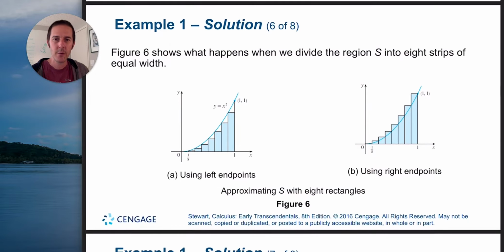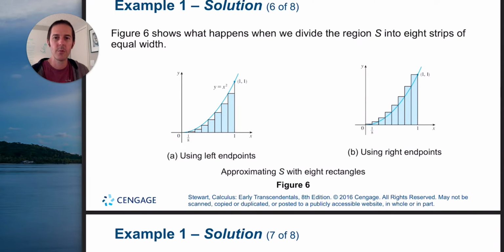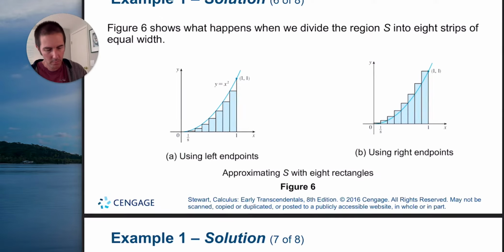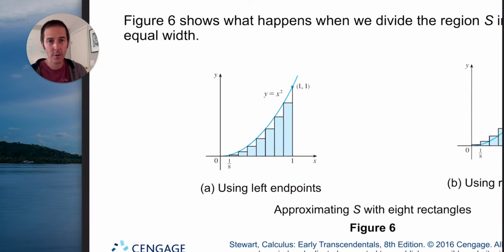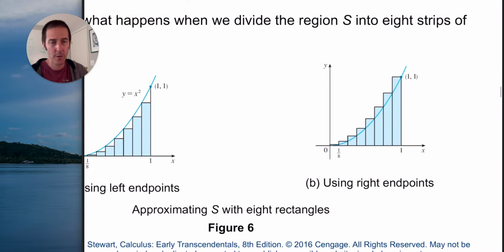If instead of using 4 strips, we used more, like, what do we have here, 8 strips, you can see that there's less wasted space, less unaccounted for space. So this is going to be a more accurate estimate. It's still an underestimate, and this one is still an overestimate, but it's not as far over. Imagine we cut this thing into 2 strips. 1, 2, 3, 4, and here's 1/2.